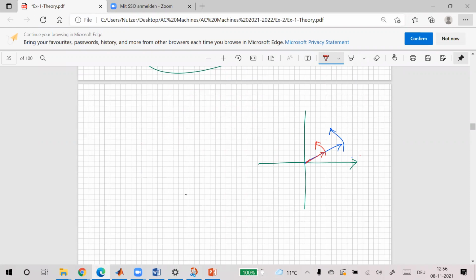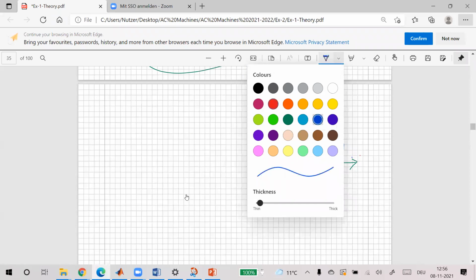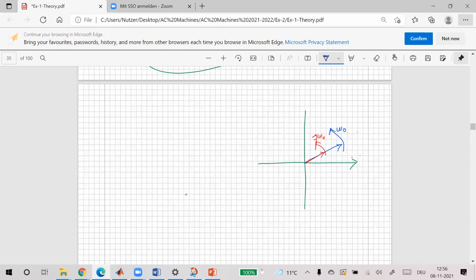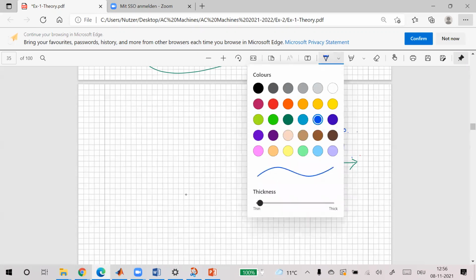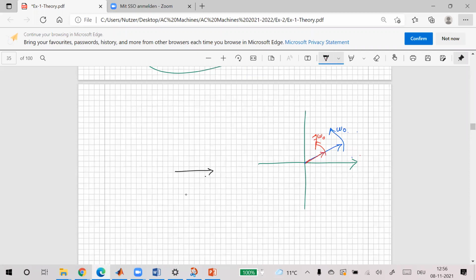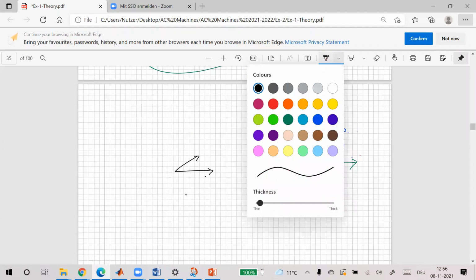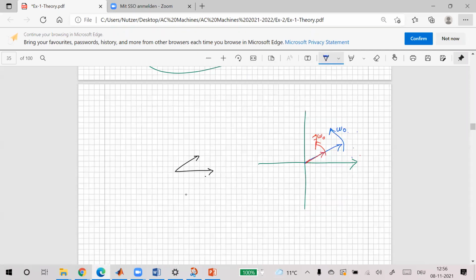This is your 7 times omega naught, and this is omega naught. If you want to find the relative angle, let's say we have here F1 and this is your F7.